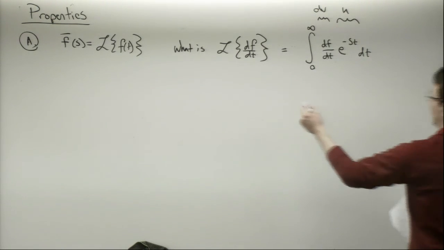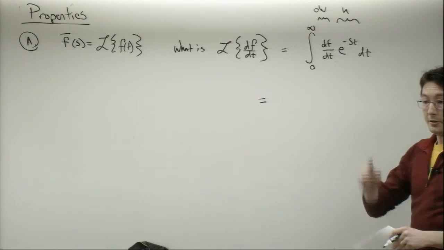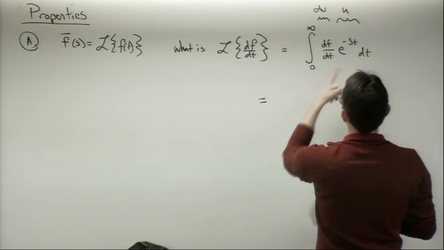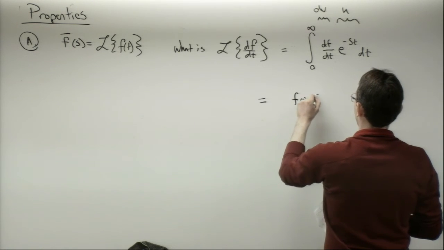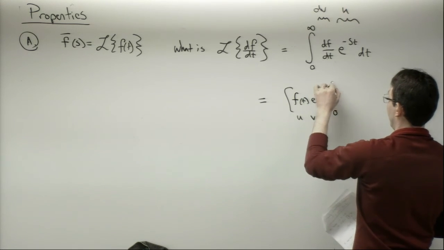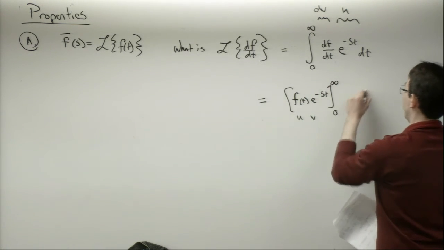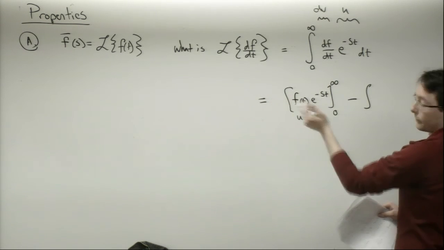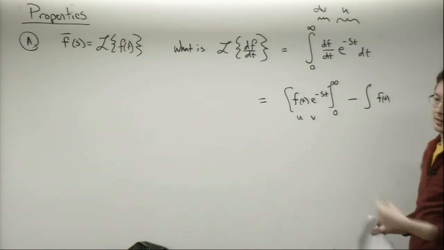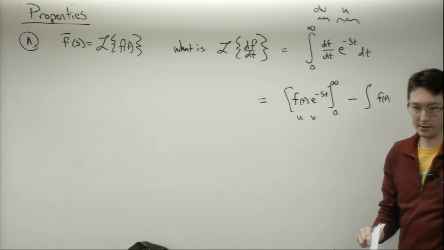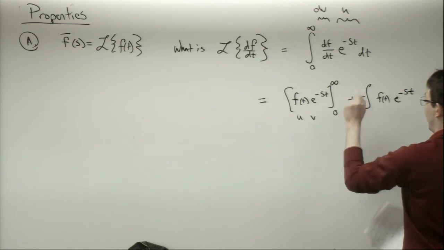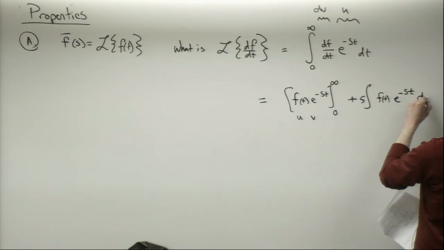If I integrate by parts, that's equal to uv, which is just f of t e to the minus st, evaluated from 0 to infinity, minus the integral of v du, which is f of t times, the derivative of this with respect to time is just minus s e to the minus st. And I'm going to pop my minus s out front because I'm integrating with respect to time.